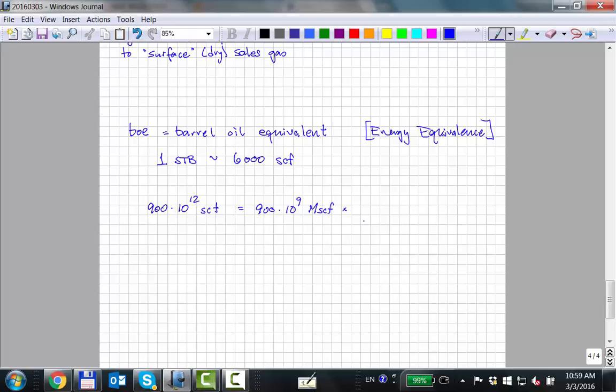And then you can say, well, 6 MCF is 1 barrel of oil equivalent, on energy basis. So how much is that? You guys do the calculations for me. I'm not going to let you take a break until you do that. 10 to the 9th stock tank barrels. How many? 150. Okay, 150 billion stock tank barrels.